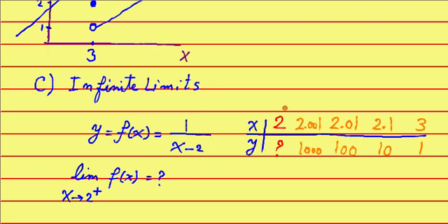So all of these numbers that I have up here, they indicate these numbers are behaving as x that is coming close to 2 from above. Question, what is happening to my y's? Where are they going to? I'm going 1, 10, 100, 1000.